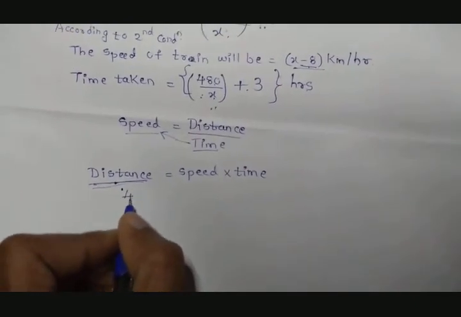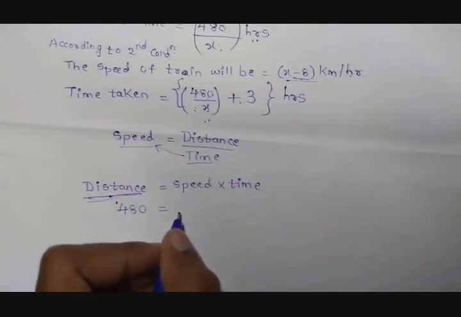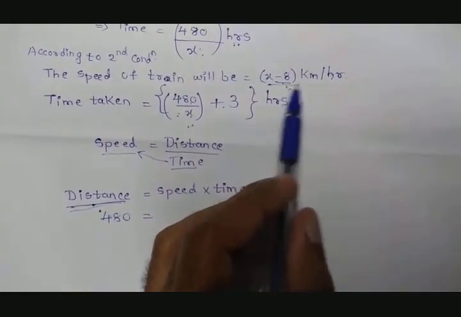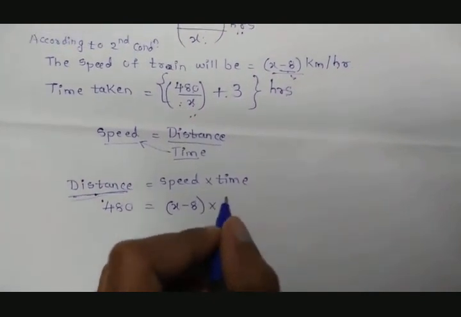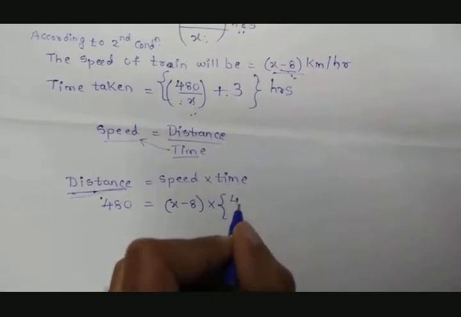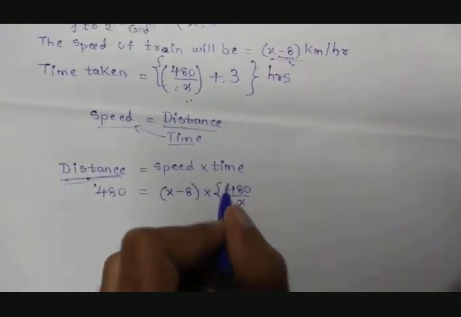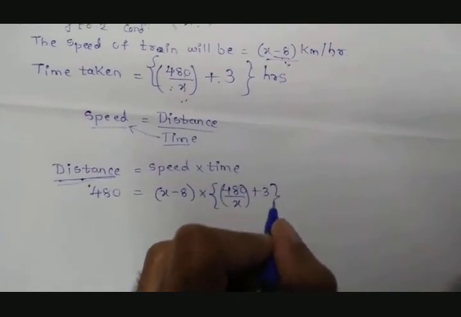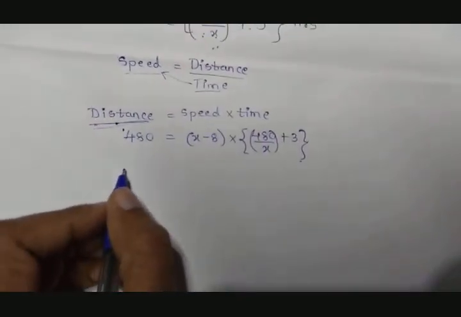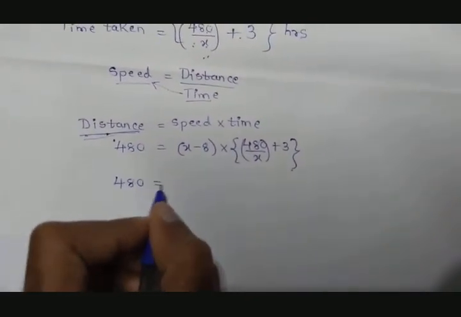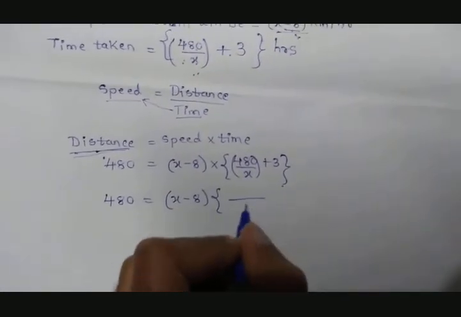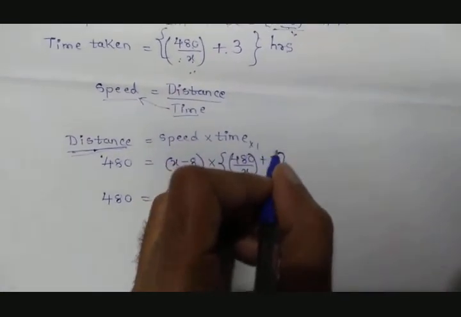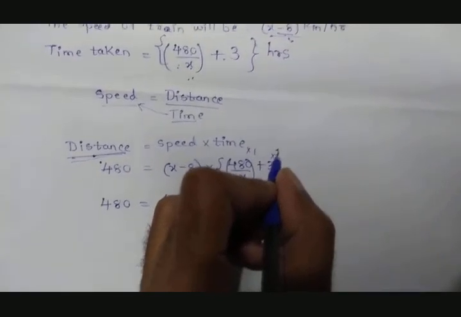Distance is 480 kilometers, and speed we have already calculated, that is x minus 8 kilometers per hour, times the time 480 by x plus 3 hours. Now all that is left is simplification. 480 is equal to x minus 8 as it is. So if we take LCM, x into 1, 3 into x.